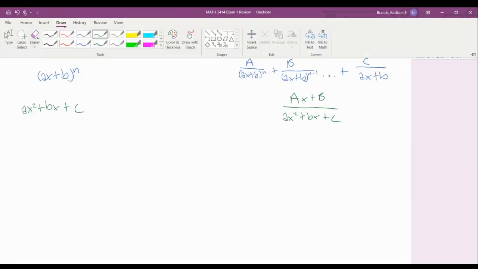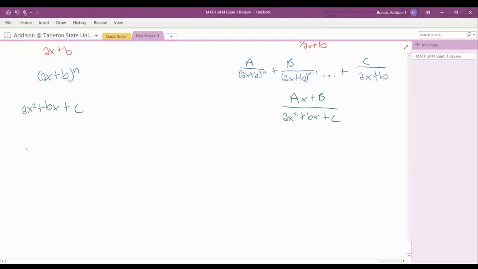And lastly, if we have a quadratic raised to a power, it's the same concept as when we had a linear raised to a power.